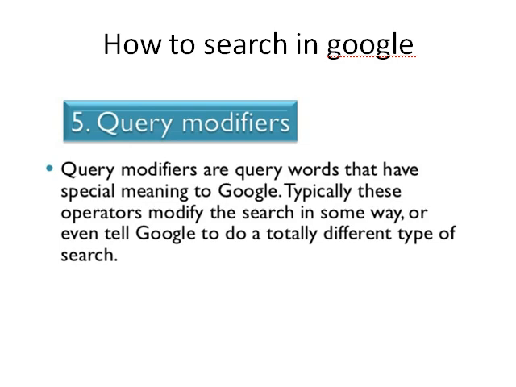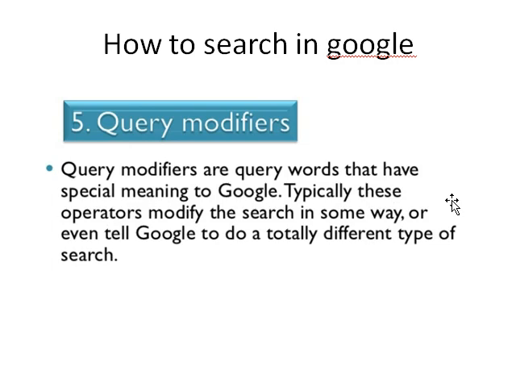For example, if you want to have Google results in some special pages, or in some special formats, or some special titles, you must use query modifiers. Query modifiers are query words that have a special meaning to Google.